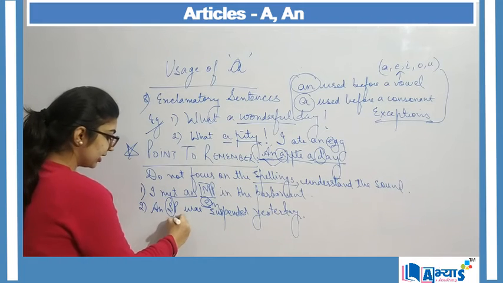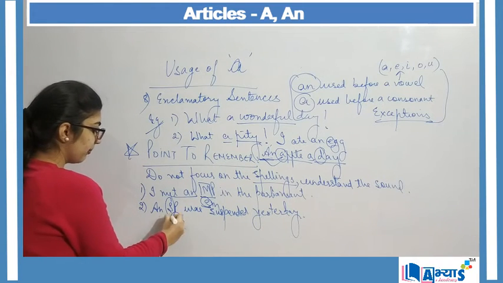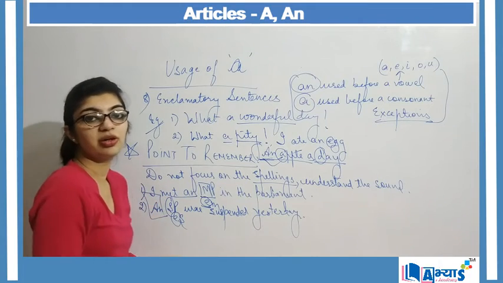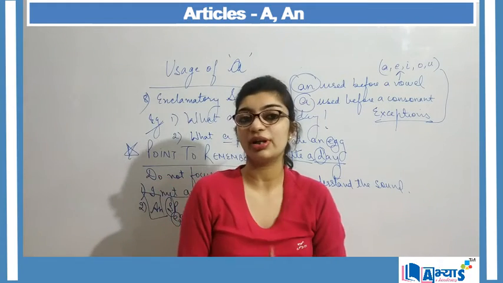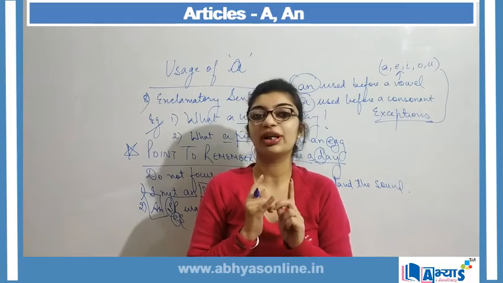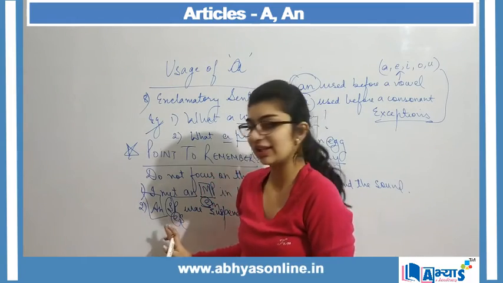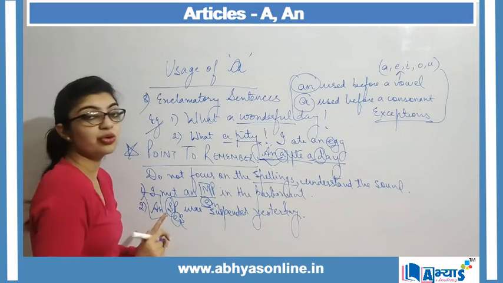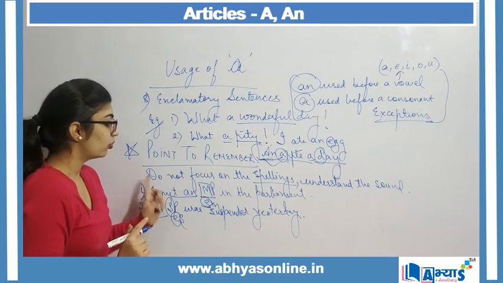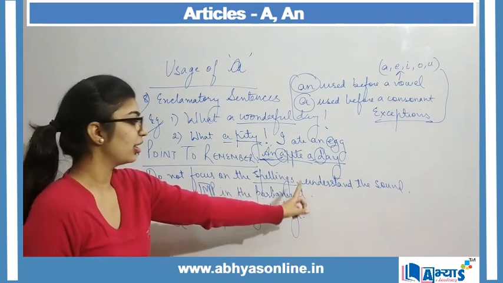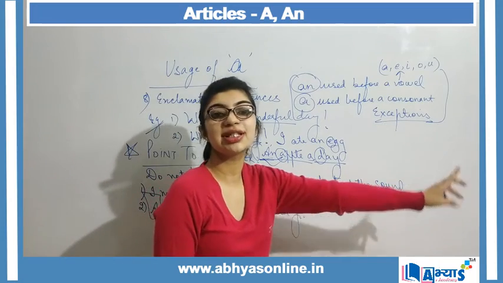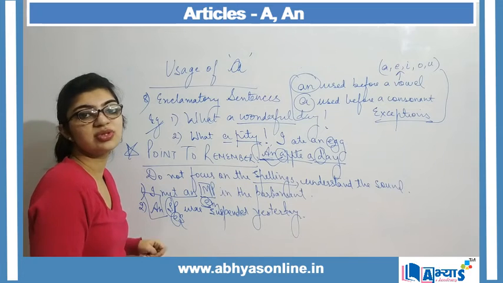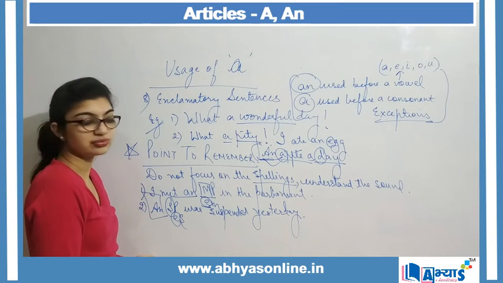S means ES, beginning with E, so my article over here will be an instead of a, even if the starting letter is S, and we know that S is a consonant. But again, we should not focus on the spelling, we should focus on the sound. Here the sound is of a vowel, therefore I am using article an.